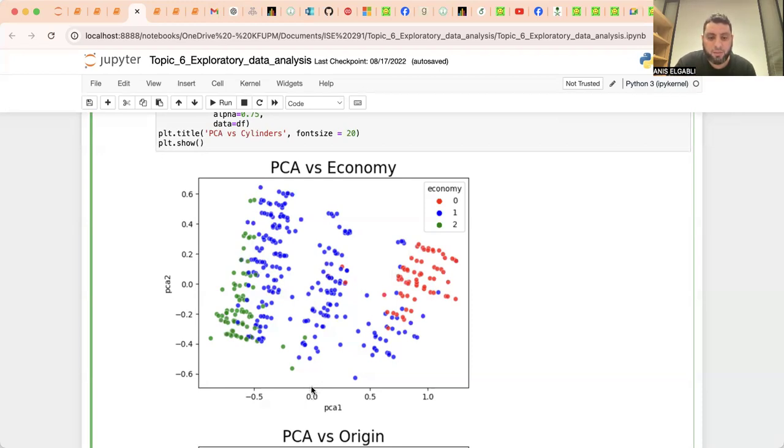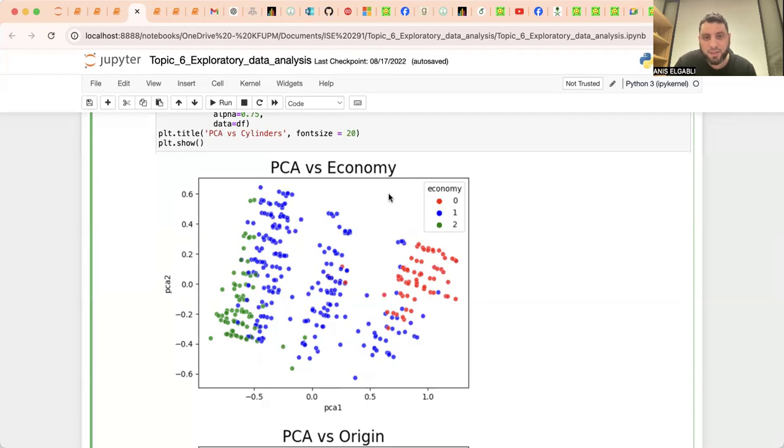For a given value of PCA1, you can see PCA2 can take any random value. There's no pattern here, no linear pattern on average. This seems to be very random, the value that PCA2 takes at a given value of PCA1.